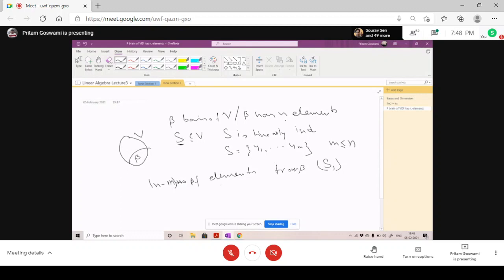Then the span of S union S1 will be the whole space. Clear now? Yes, sir. Clear.